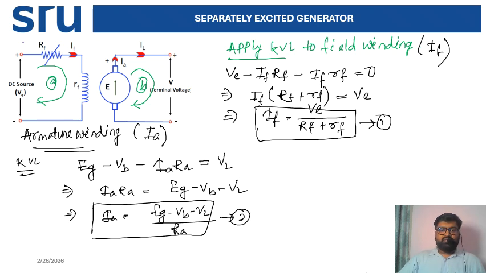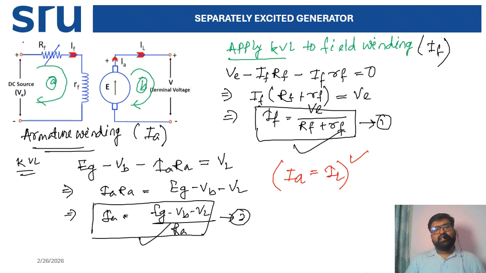This is one of the formulas, and another formula already in the previous slide we discussed, that in this case IA equal to IL, and all the relations, load current also equal to the armature current.